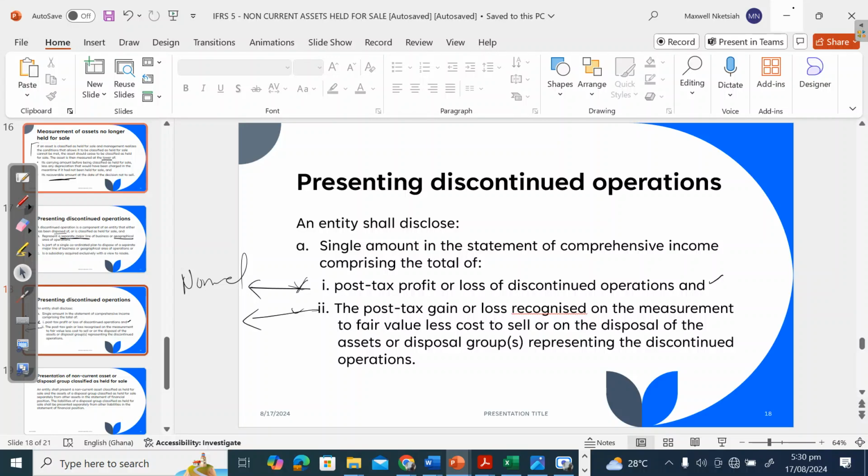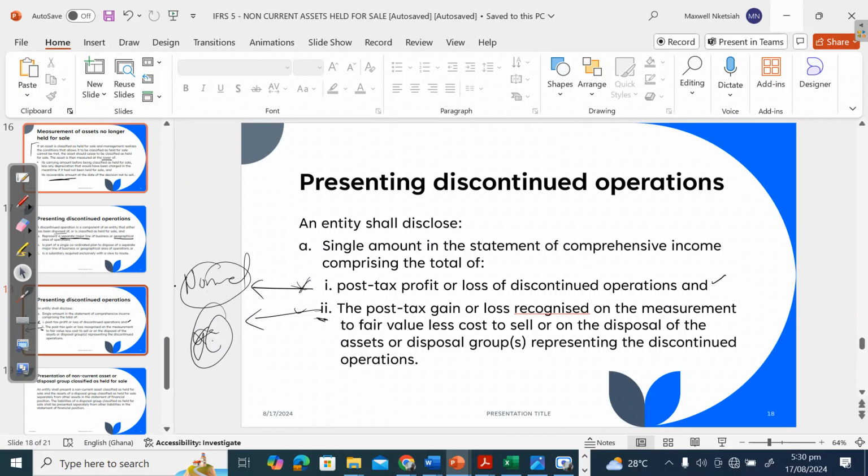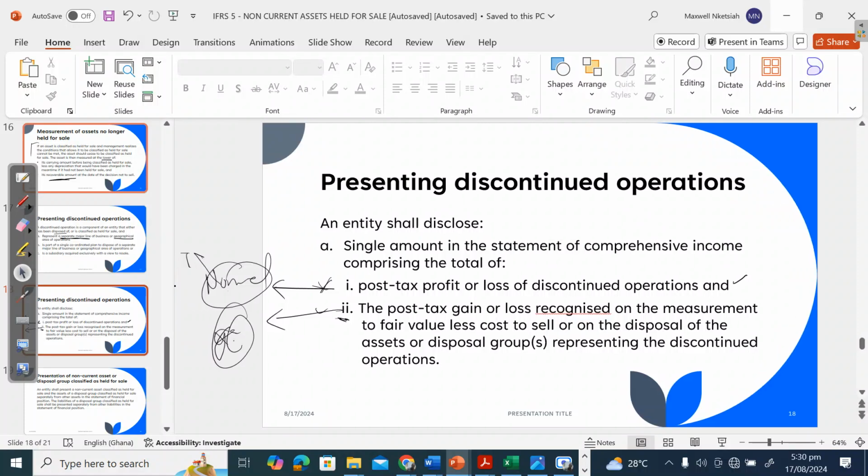Then this one is the sale of the whole operation. So let's say the company has a branch. They can sell the whole branch, including the building, all the assets in the building and all that. So that is what this point is talking about. This has to do with the sale of the discontinued operation itself, and this one has to do with the income and expenses that were incurred during the period the company was in operation.